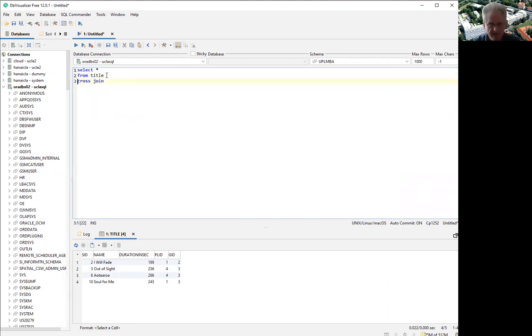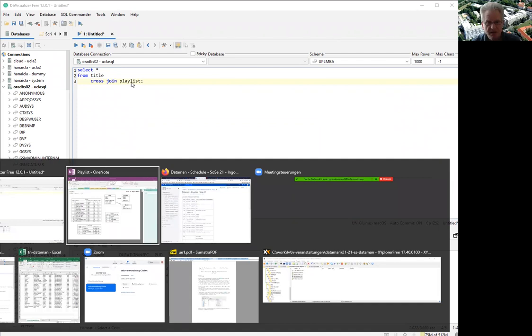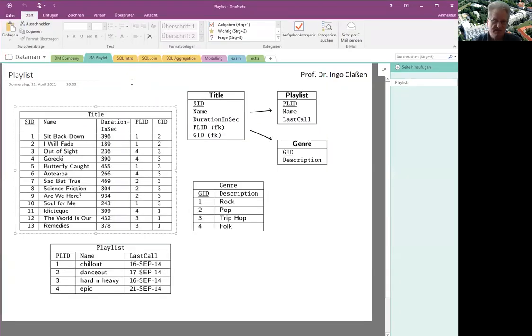Let's reformat it a little bit. Cross join playlist. And if I execute this query, how many records are we going to expect?